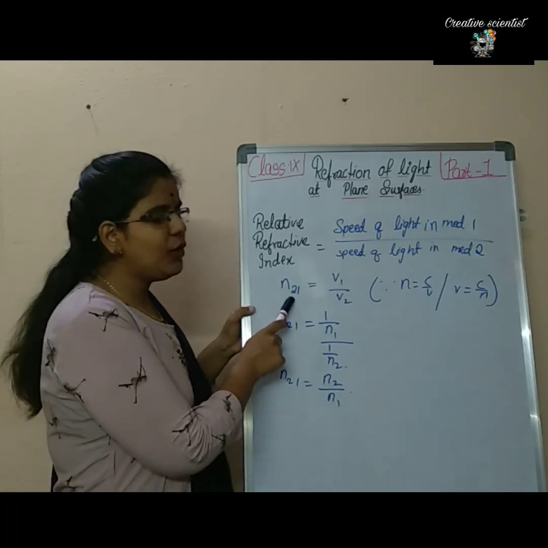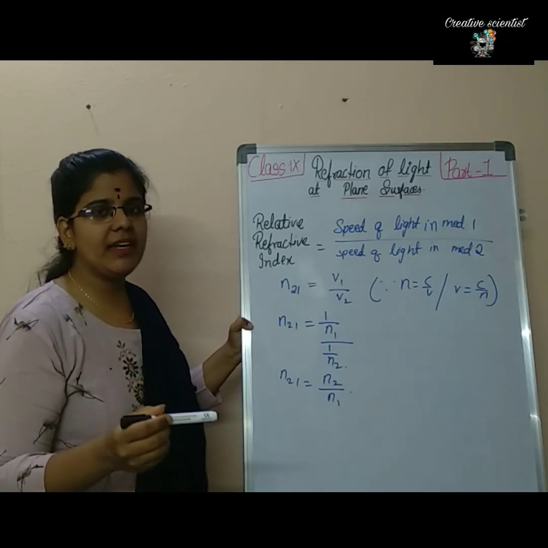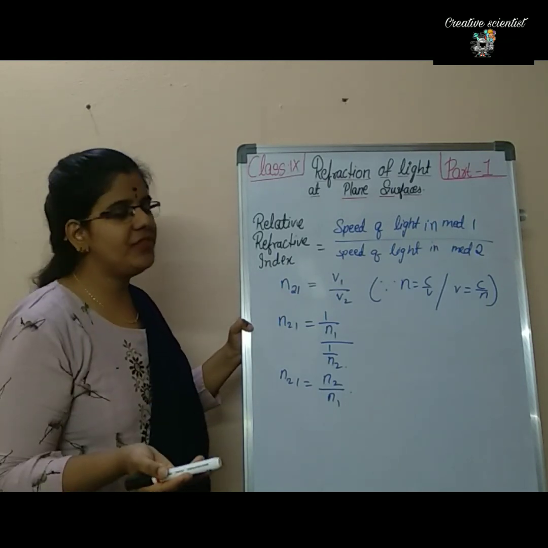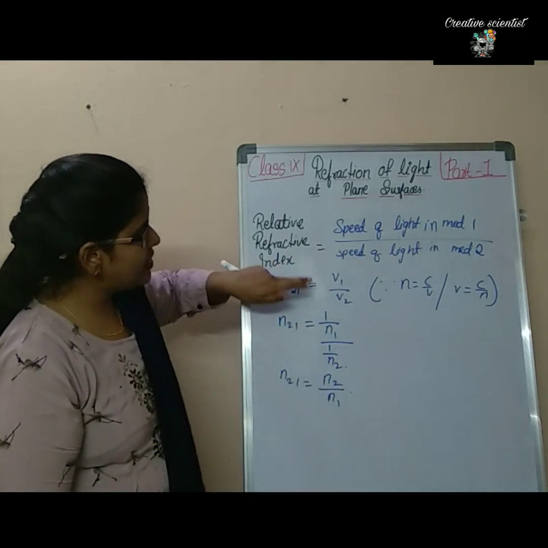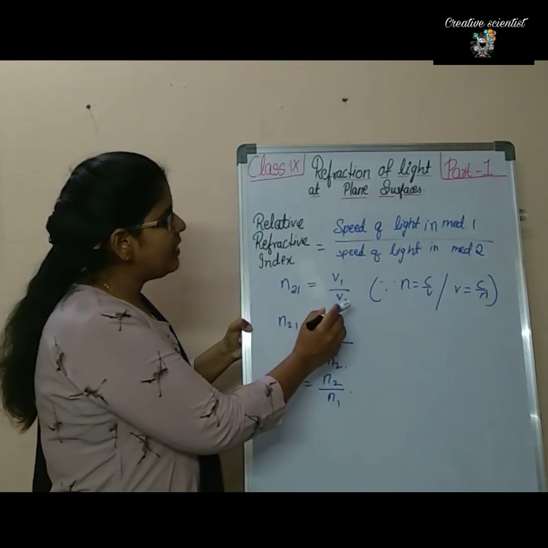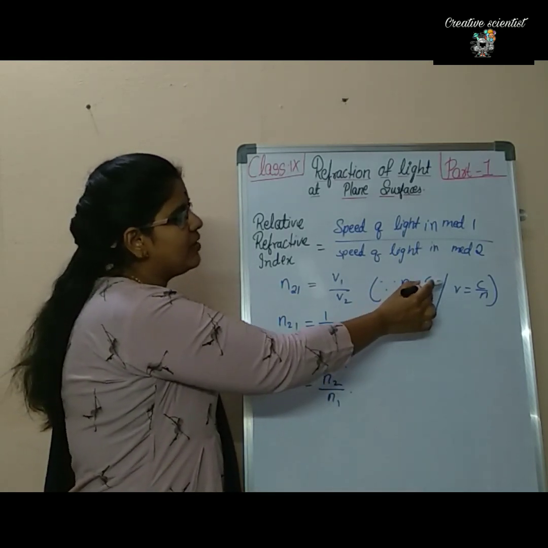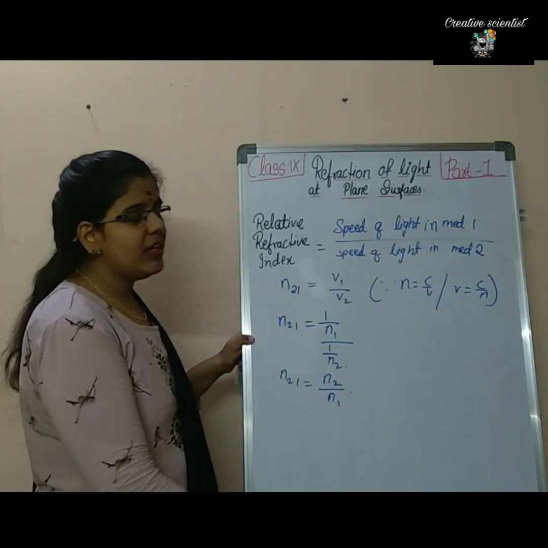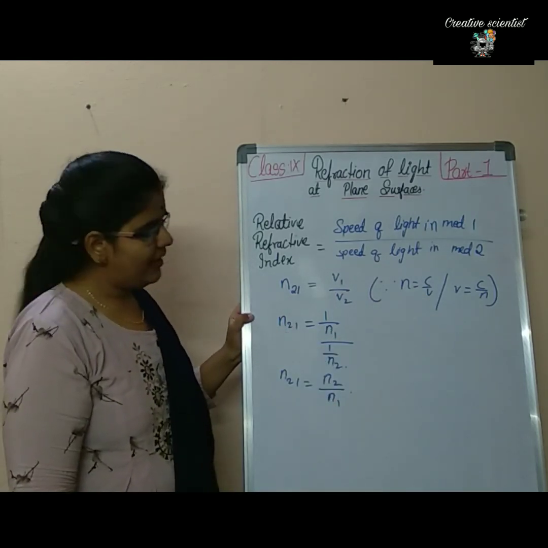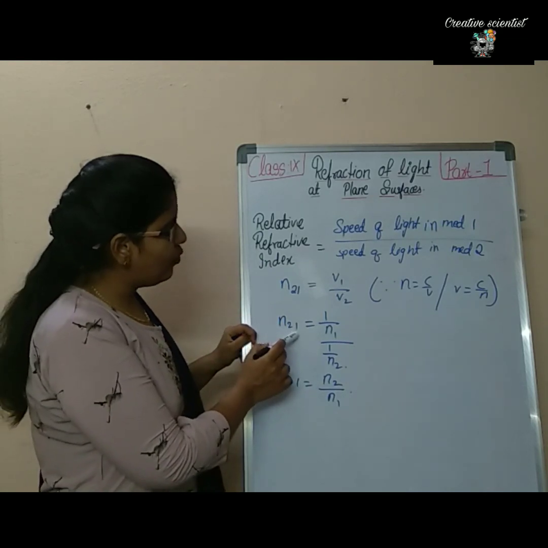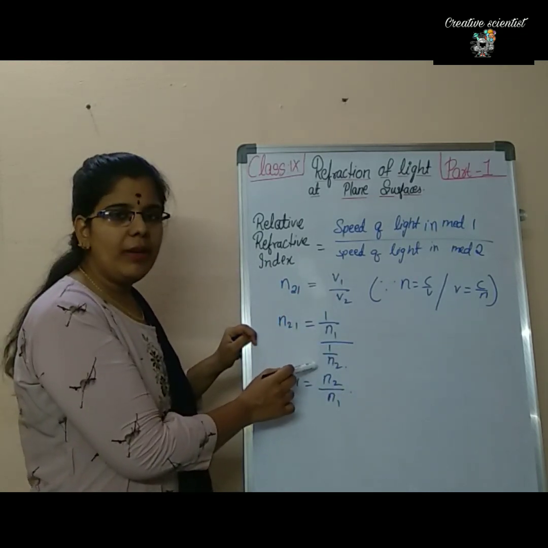Here N21 is the relative refractive index from the second medium to the first medium, which is V1 by V2, the speed of the light in the first medium to the second. But as we know that refractive index is equal to C by V, we can say that V is inversely proportional to N. So we can take N21 as V1 by V2, which is (1 by N1) by (1 by N2).